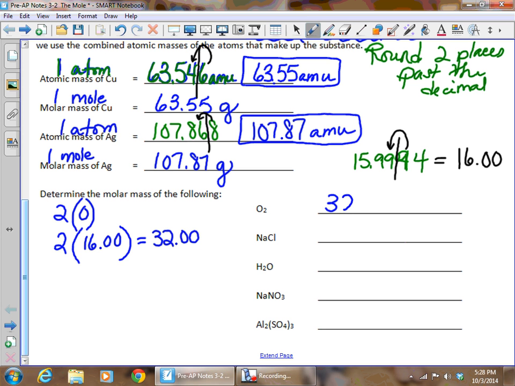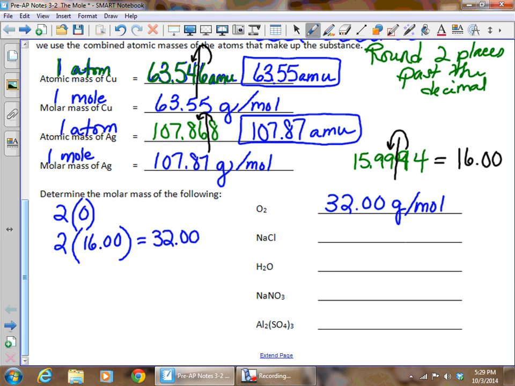Now, the way I want this recorded is not only rounded 2 places past the decimal, but the correct terminology for molar mass is grams per mole. So in both of the cases up here, since I'm dealing with molar mass, even though it's just an atom, I still want grams per mole as well for the units.